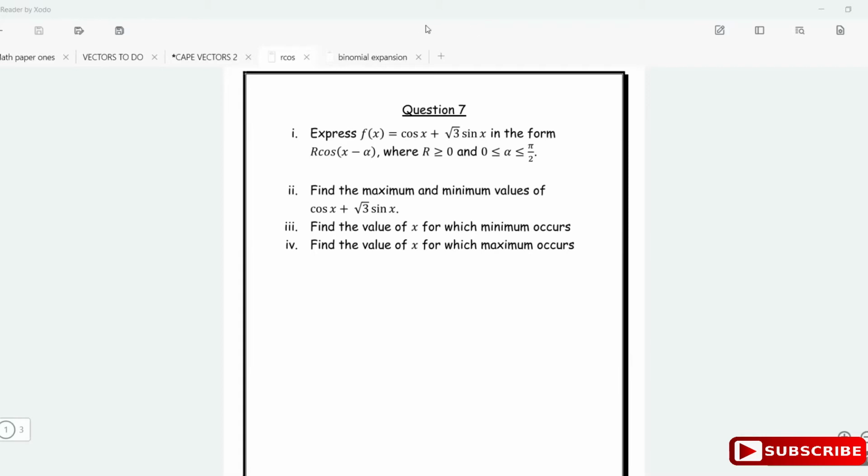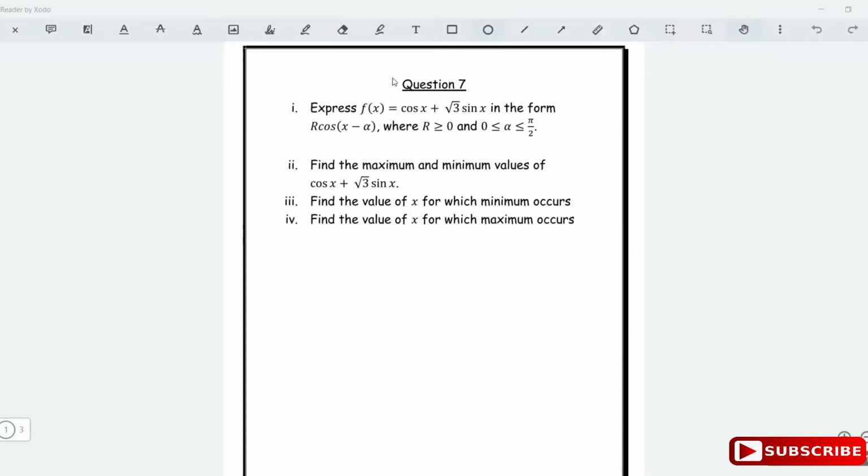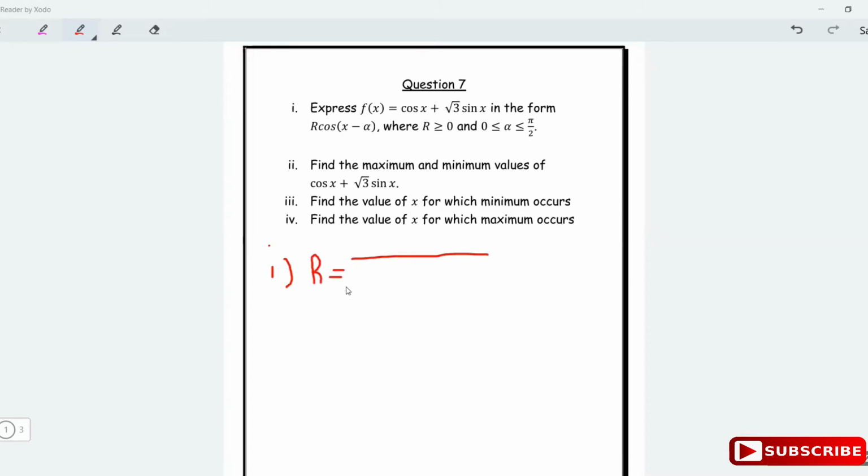First thing, you just have to remember the formula that r is equal to the square root of a squared plus b squared. In this case, remember your a is the coefficient of cosine x, so a is 1.